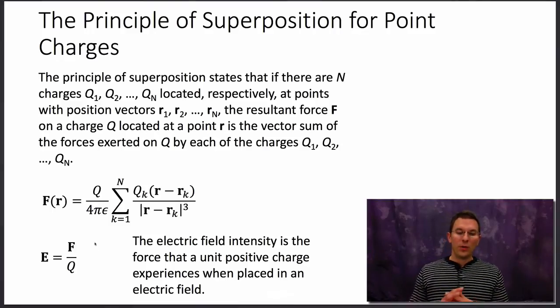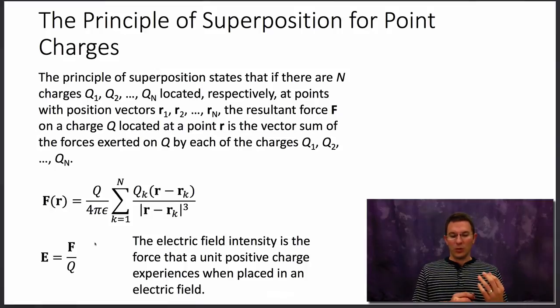So the electric field intensity, the strength of the electric field, is the force that a unit positive charge experiences when placed in an electric field. So if we were to take a charge with plus 1 Coulomb on it and place it in an electric field, the electric field intensity at that point tells you how much force a unit charge would feel at that point.